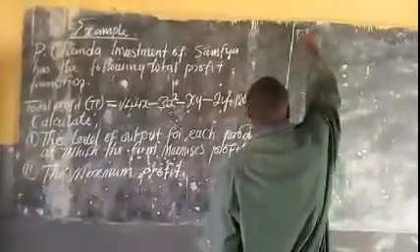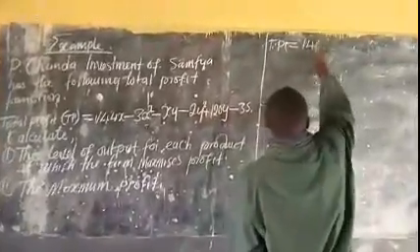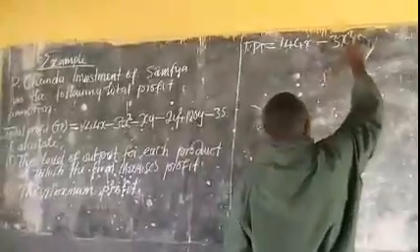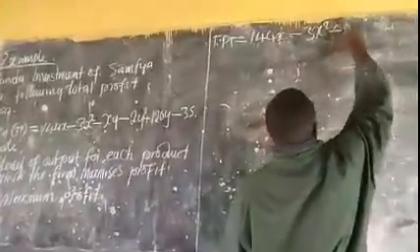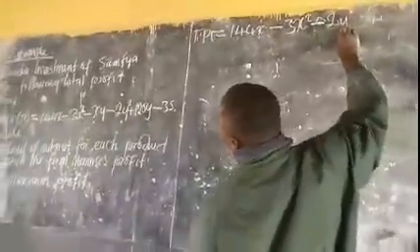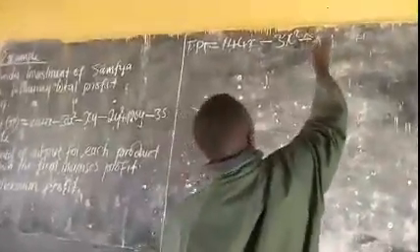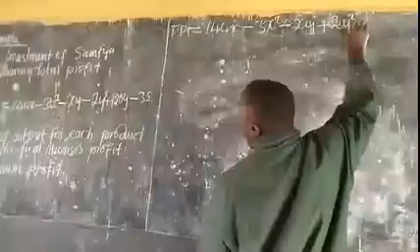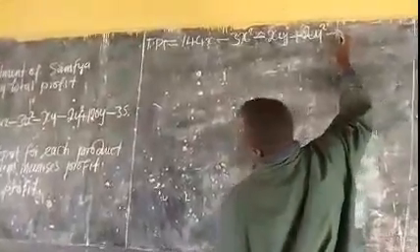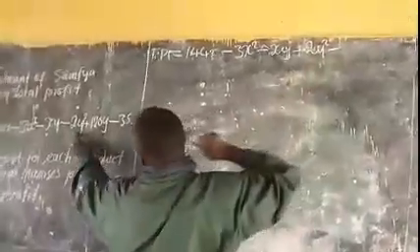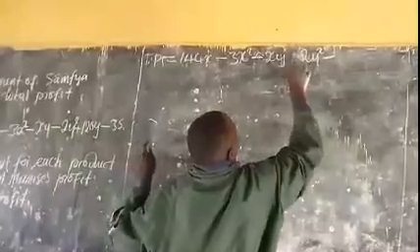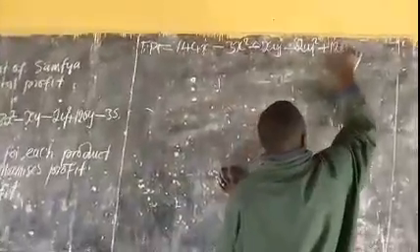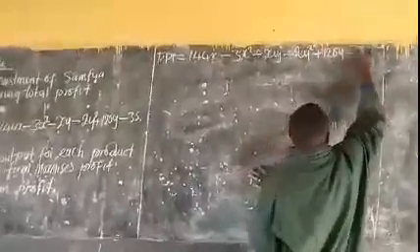Remember, we are calculating this as unconstrained, no constraints. So we are going to take our total profit equation, which is equal to 144x minus 3x squared minus xy minus 2y squared plus 120y minus 35.